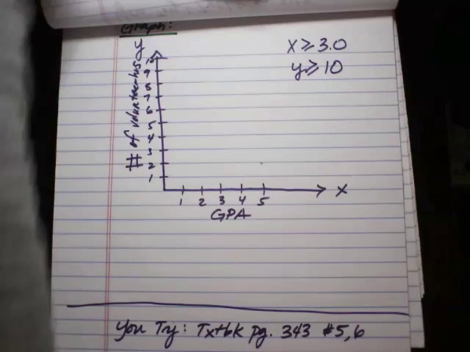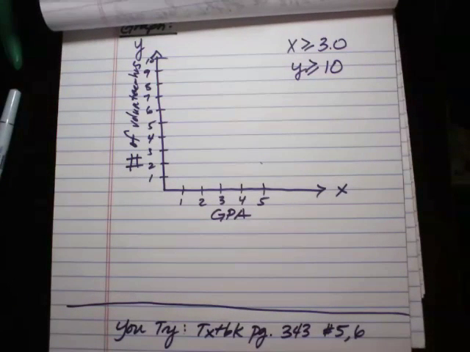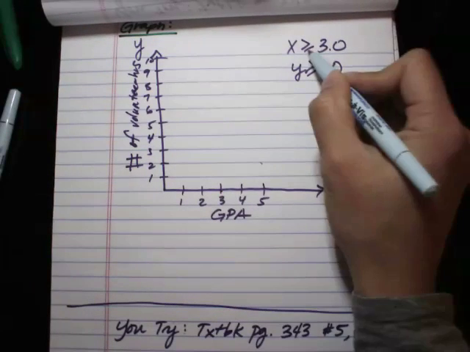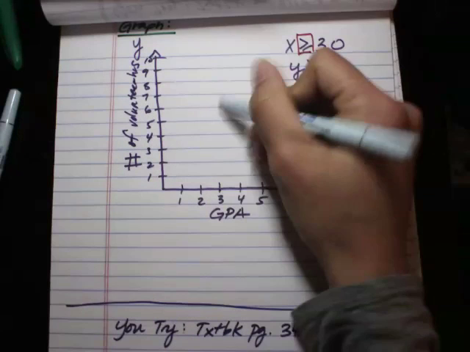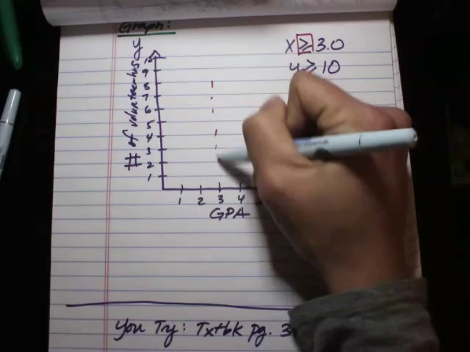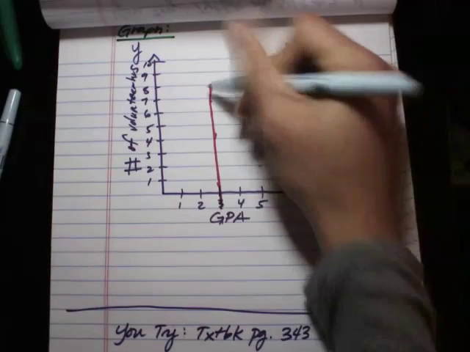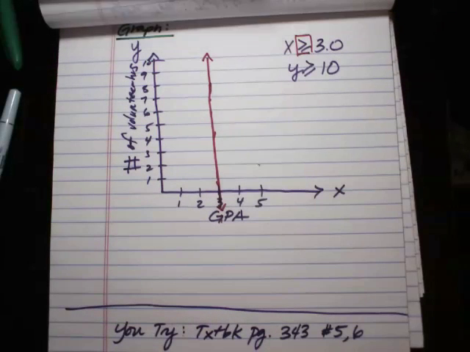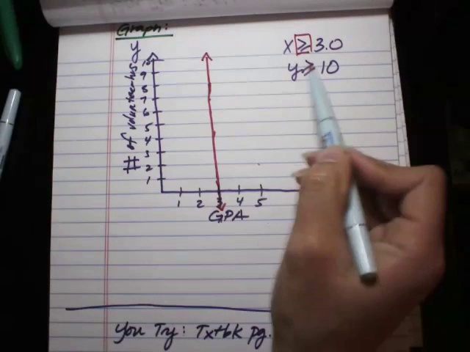All right, so I'm going to graph the first inequality in red. It has to be greater than or equal to, so we're looking at a solid line, right at 3. Where are we going to shade?